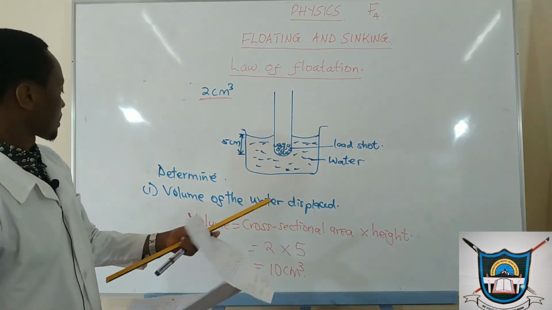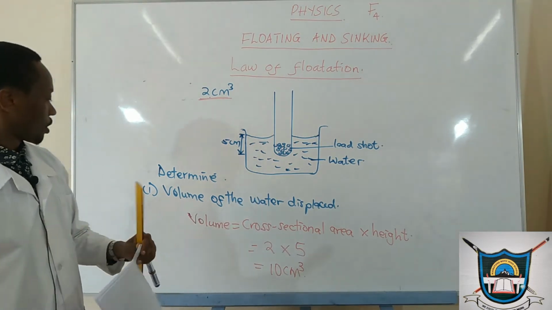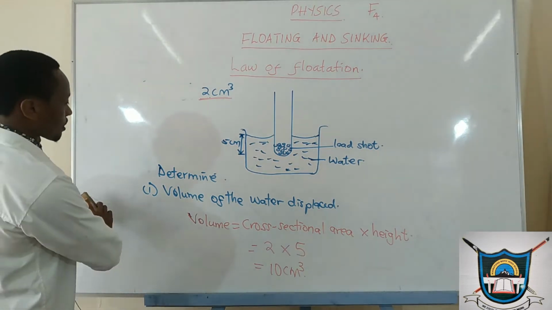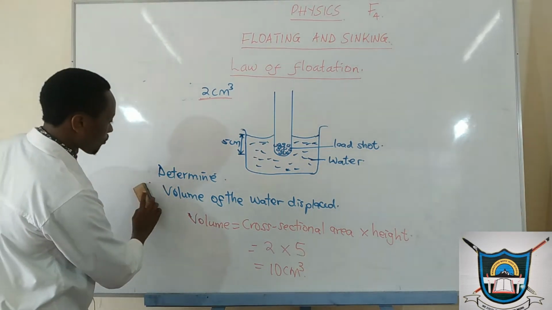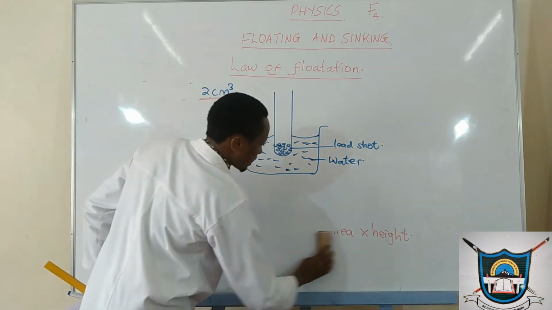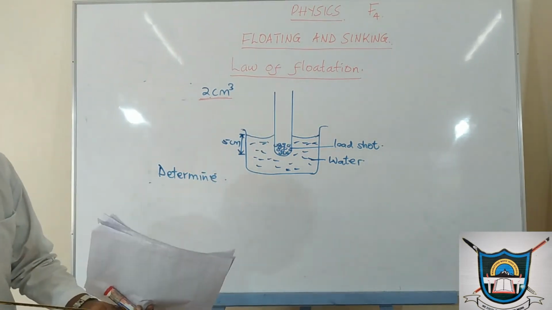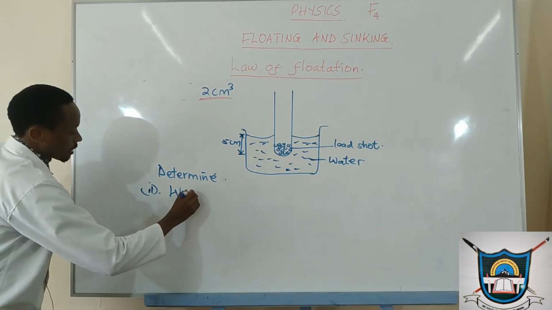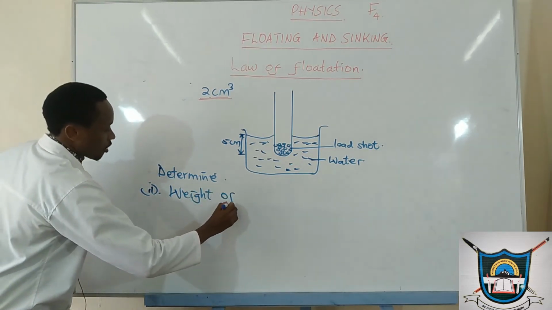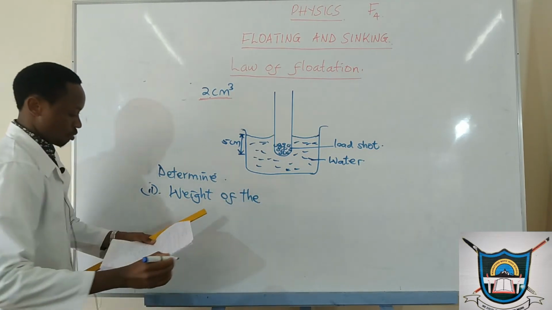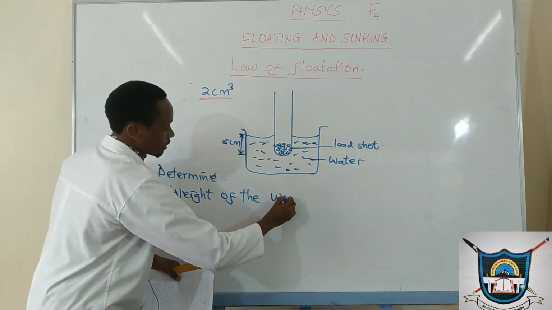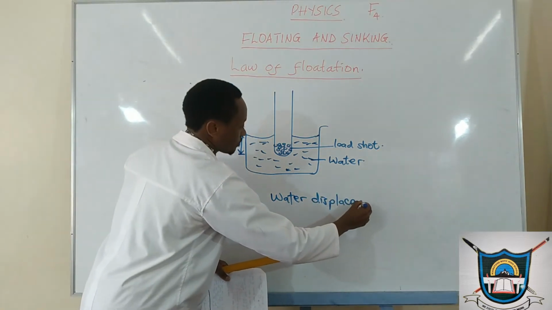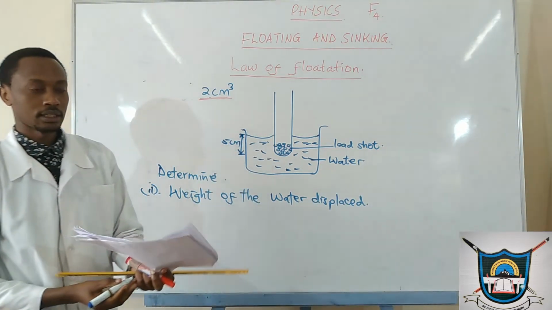Now, our second question, Roman 2, we are supposed to determine the weight of the water displaced. So write question number 2: determine the weight of the water displaced.